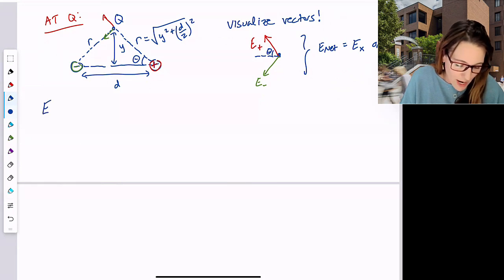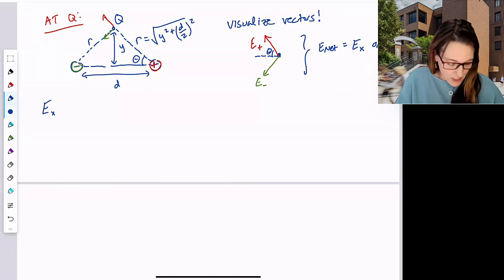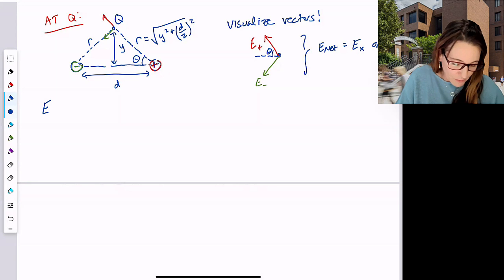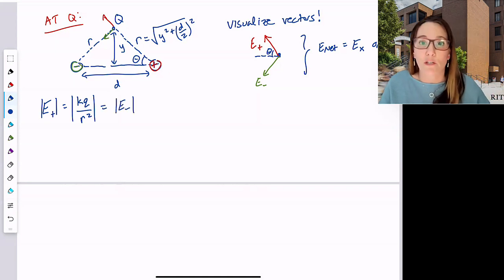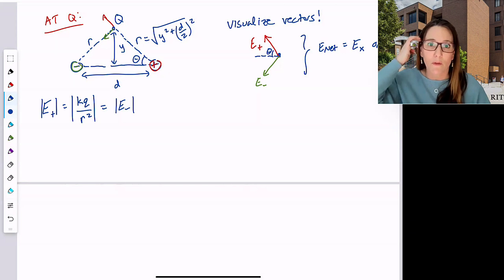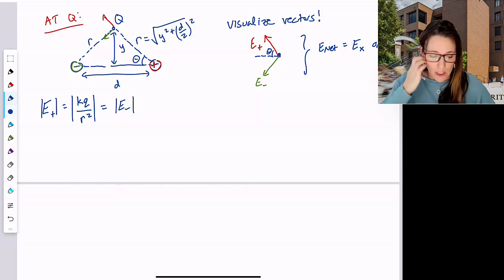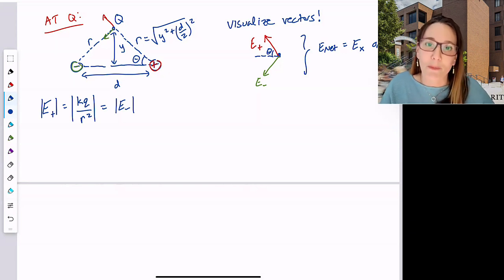The magnitude of E positive is simply going to be equal to kq over r squared. I'm going to just leave that as r squared for now. That's also equal to the magnitude of the electric field from the negative, because they have the same charge on them and the same separation to my point that's up in space.